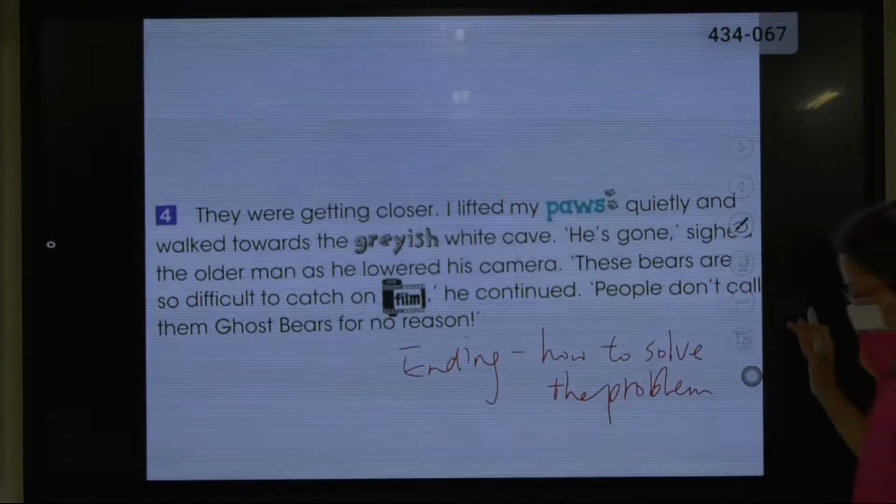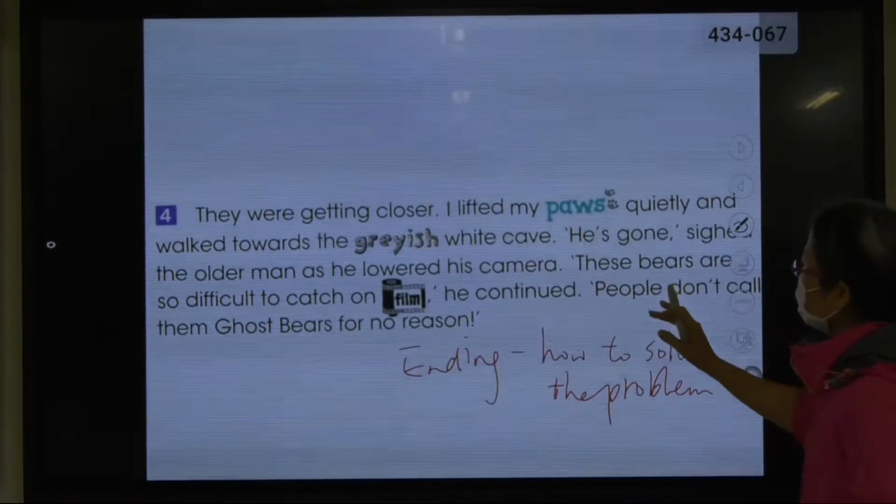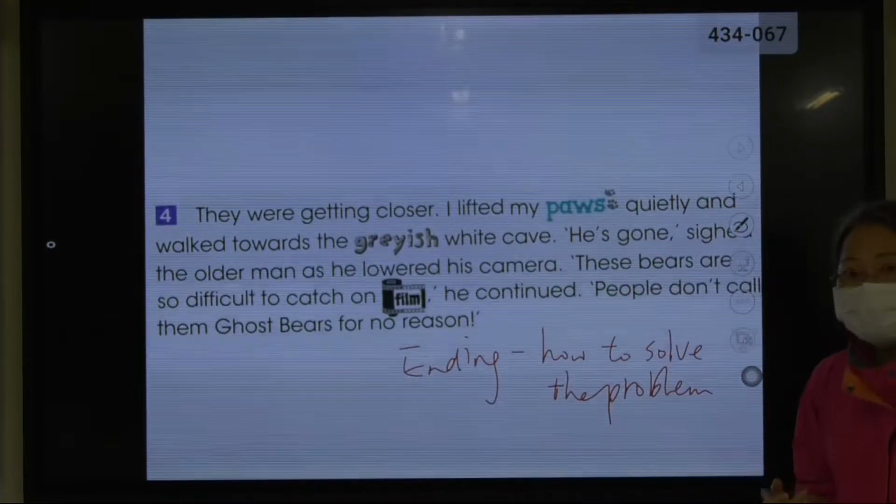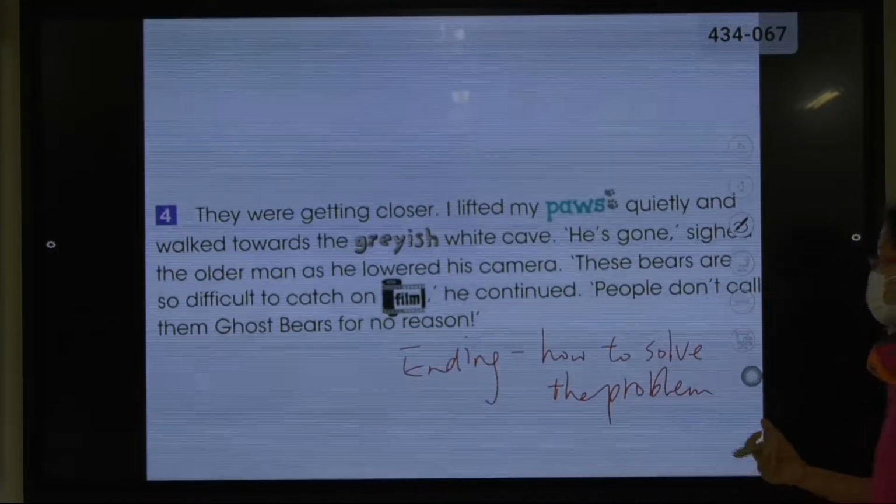And in the story, usually we'll use direct speech to make the story more lively.